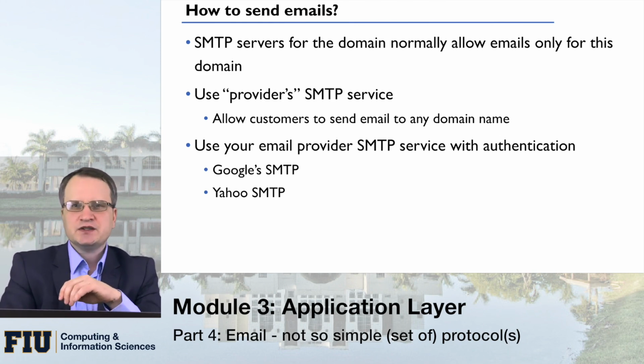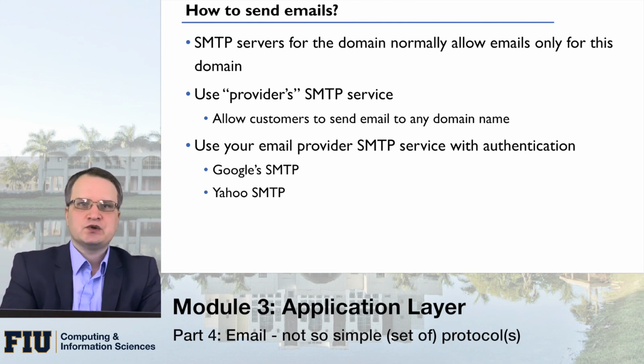It has some limitations from the security perspective, and it requires you to authenticate with your Gmail before you send anything. With the other service, the CS-FIU service that I just showed you, if you're inside the network, you can actually start sending without doing authentication. But again, this only works inside the network. If you try to follow my steps when you're at home, not on campus and not inside the CS network, then it most likely will fail.